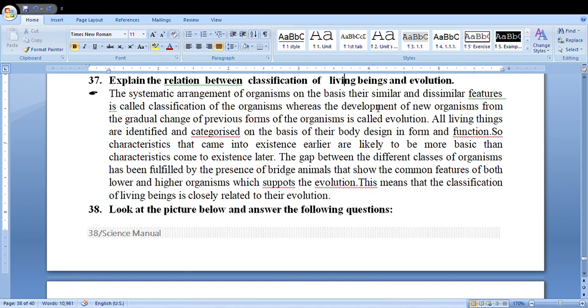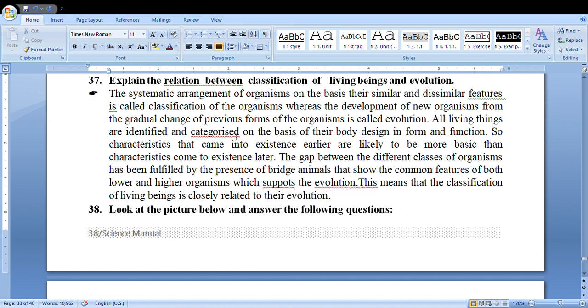Explain the relation between classification of living beings and evolution. The systematic arrangement of organisms on the basis of their similar and dissimilar features is called classification of organisms, whereas development of new organisms from the gradual change of previous forms of organisms is called evolution. All living things are identified and categorized on the basis of their body design in form and functions.